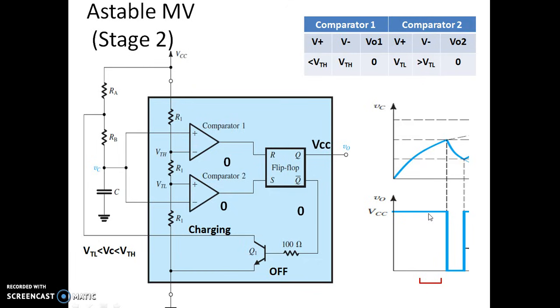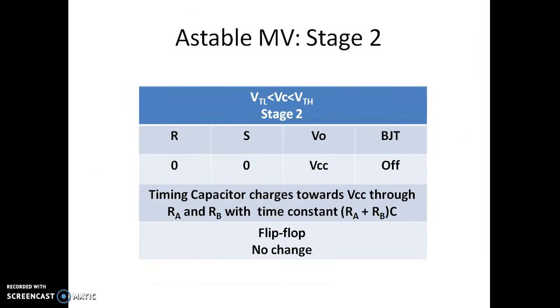Now let us see the summary of this again. So we have set and reset output voltages 0, 0. So this is a condition when capacitor voltage is more than VTL, but it is less than VTH.